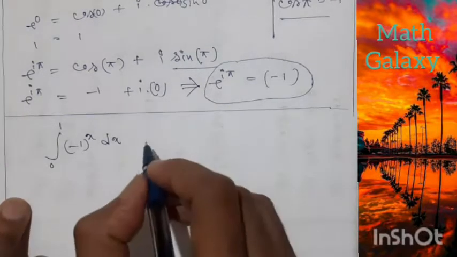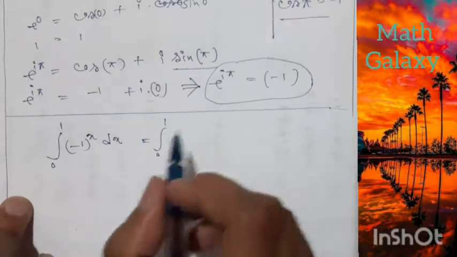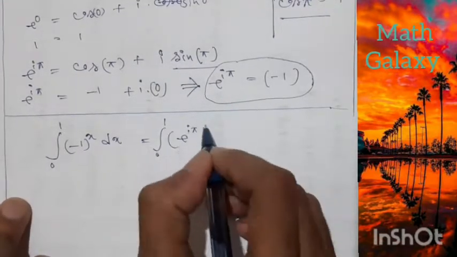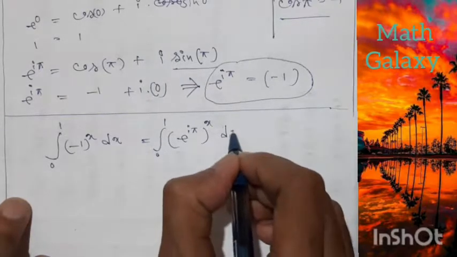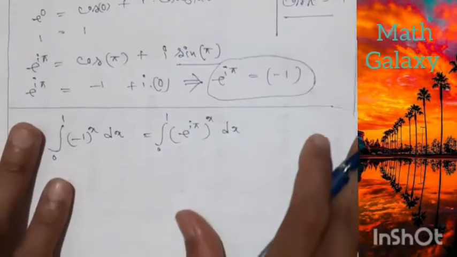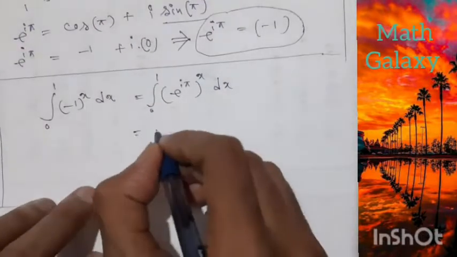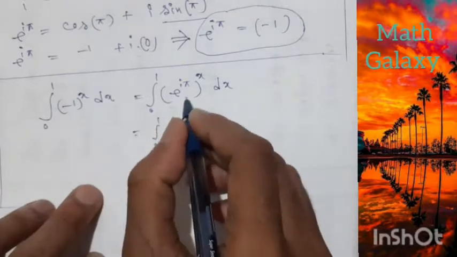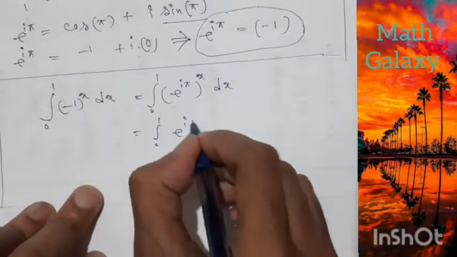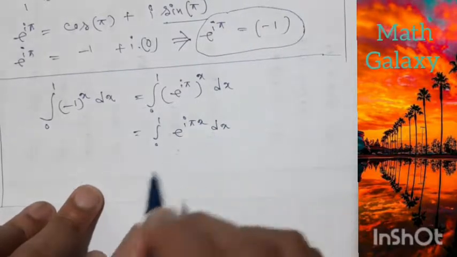So instead of minus 1 we write (e to the power i pi) whole to the power x dx. Now we're going to integrate it. Of course (e to the power i pi) to the power x is just a normal rule of indices, so e to the power i pi x dx.